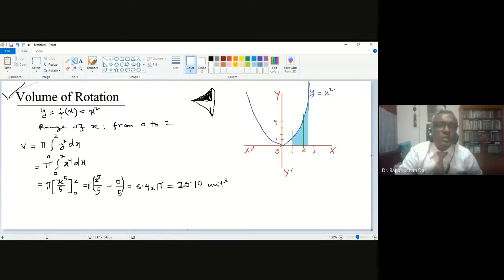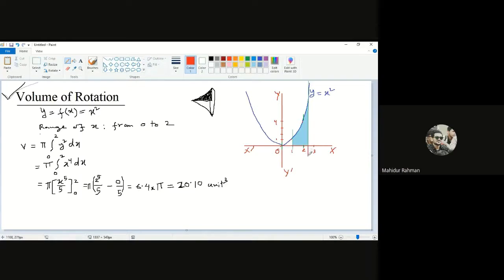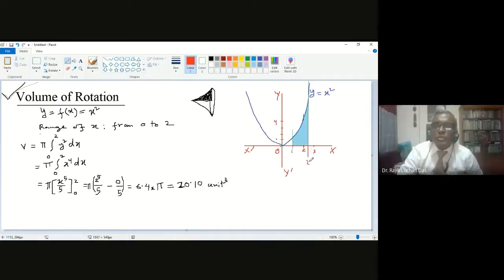So you will understand now, the interval of x is from 1 up to 2.5. So you do the calculation in that way.